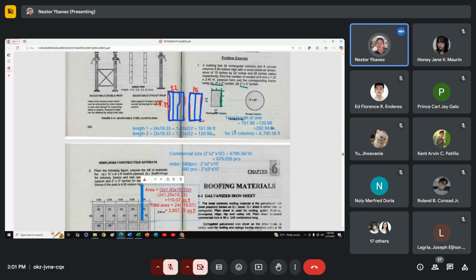To get the number of pieces of plywood, we divide.